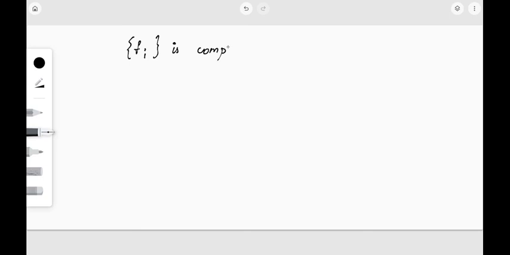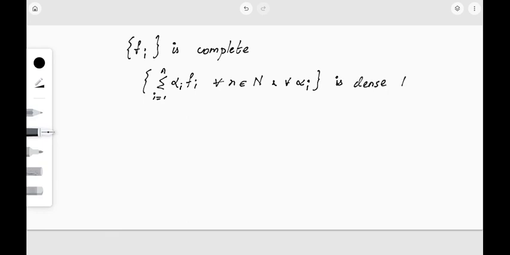So if this system is complete, by the definition we can say that summation i equal to 1 to n alpha i Fi, for every n belonging to N and for every scalar alpha i, is dense in the space H. Or in other words, as I had mentioned, we can write span of the set Fi is dense in the Hilbert space H. So this is given to us.